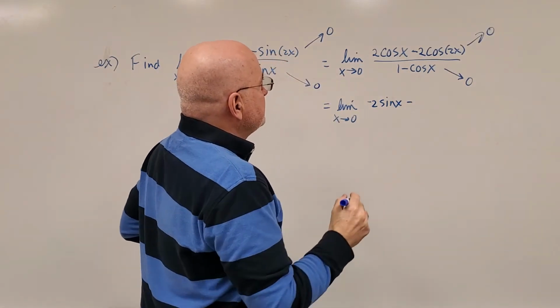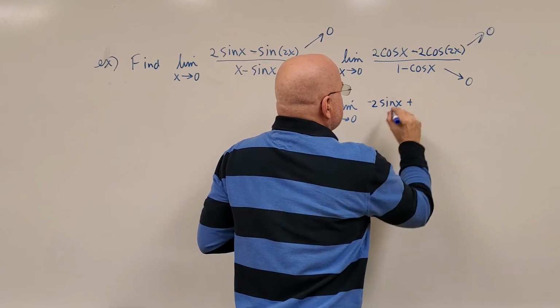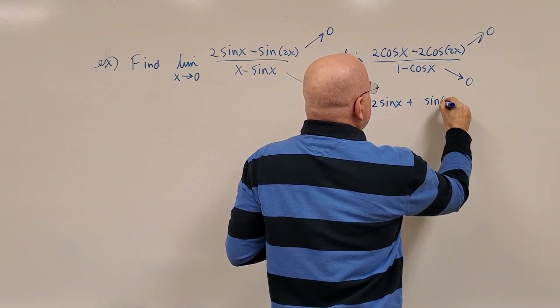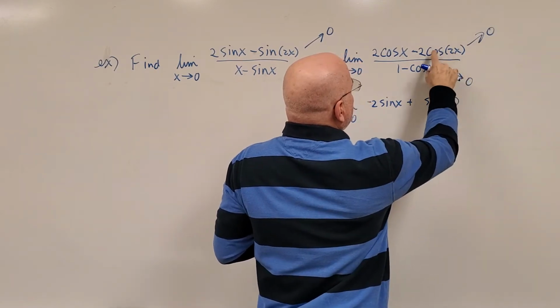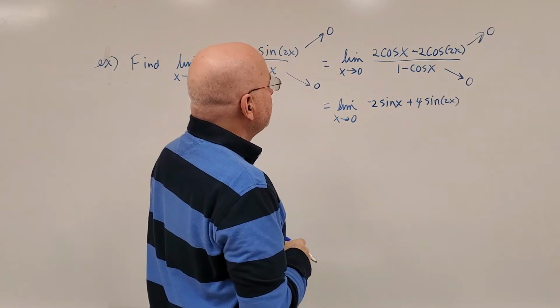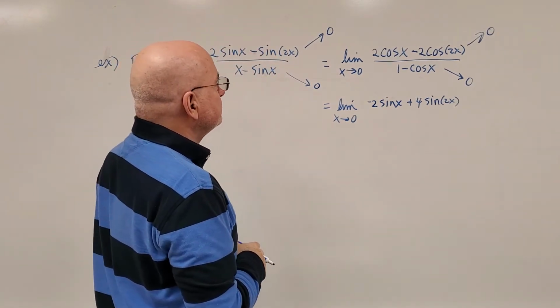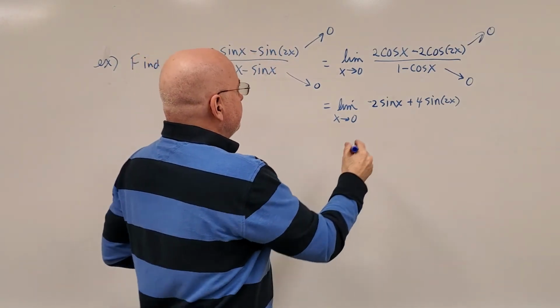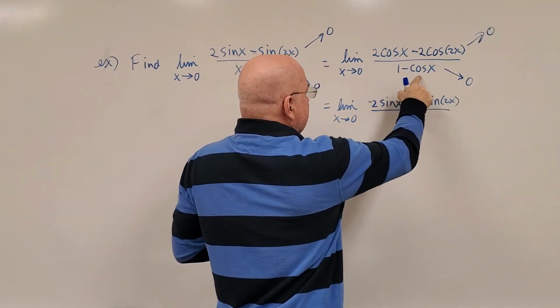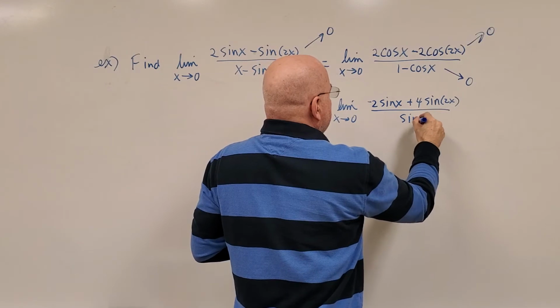The derivative of cosine is negative sine, so that becomes a plus. So I'm going to have a sine 2x. Then I'm going to have to multiply it by 2, so this is really going to become plus 4 sine of 2x. And on the bottom, the derivative of 1 is 0. Negative cosine has a derivative of sine.